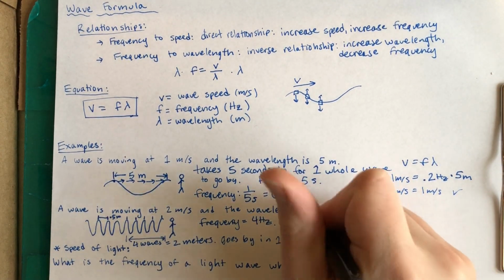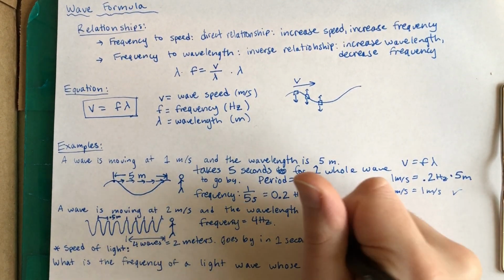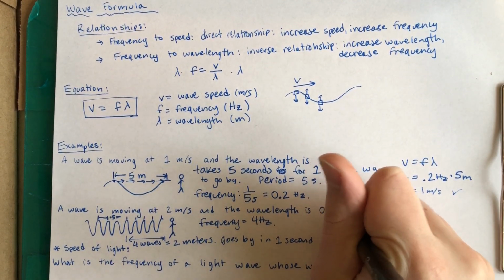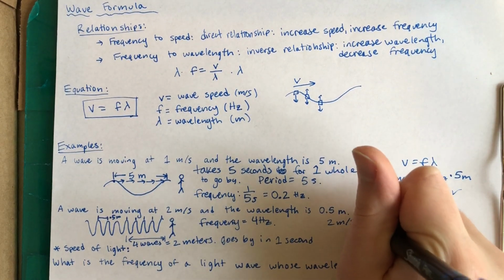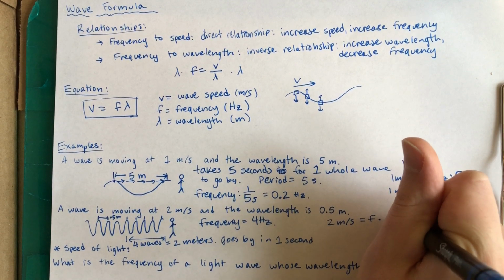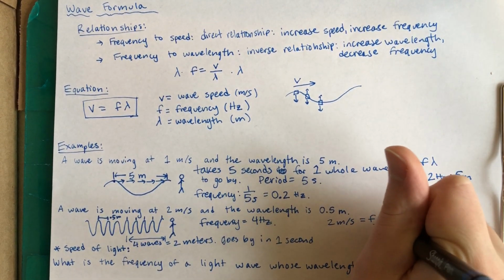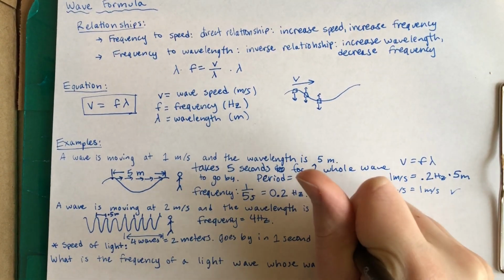Or we can do it in the formula. So if we hadn't already figured out that the frequency should be 4 hertz, we could write 2 meters per second equals the frequency times the wavelength, 0.5 meters. Divide both sides by 0.5.